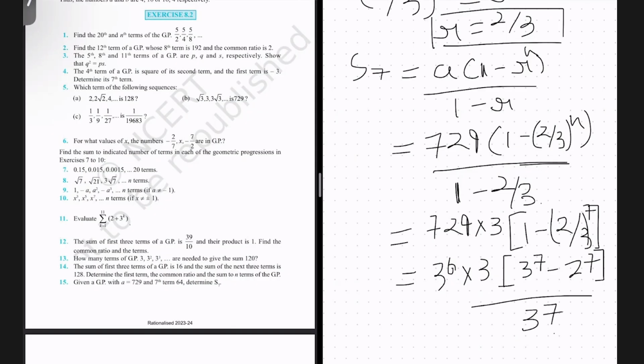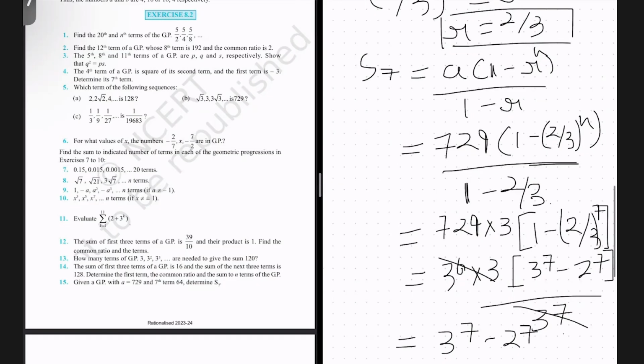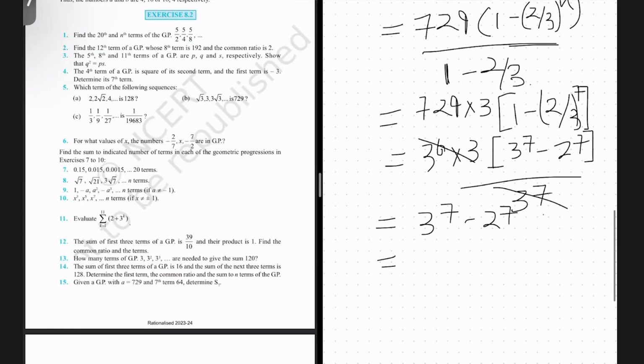So 3 power 7 and 3 power 7 get cancelled from here. What we are finally left with is 3 power 7 minus 2 power 7, and as we all know, 3 power 7 is nothing but 2187, and 2 power 7 is nothing but 128.